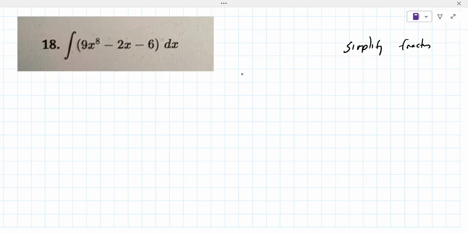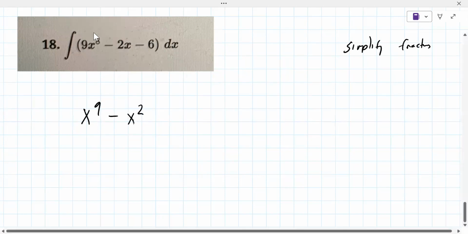Not X to the 9th power plus X to the 2nd power plus C. Or I mean minus X to the 2nd. What about this last one here? Minus, doesn't that just, oh no, because you add it.